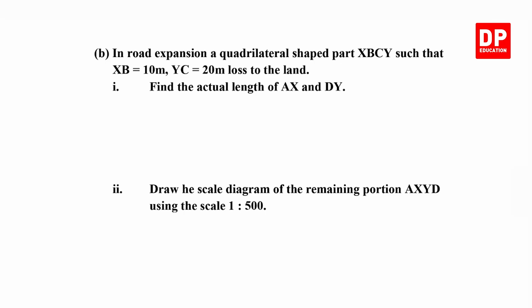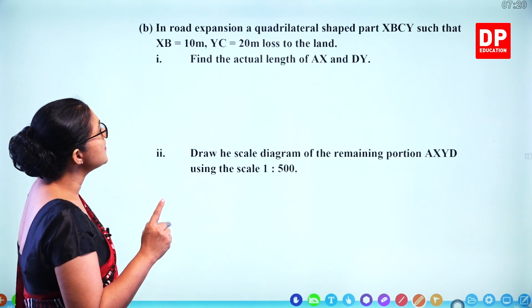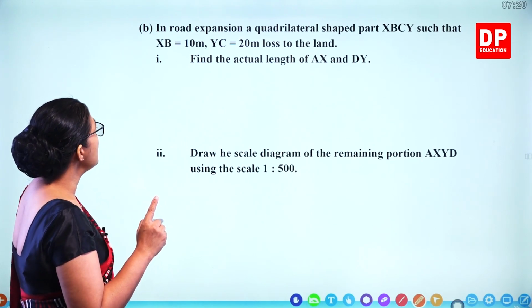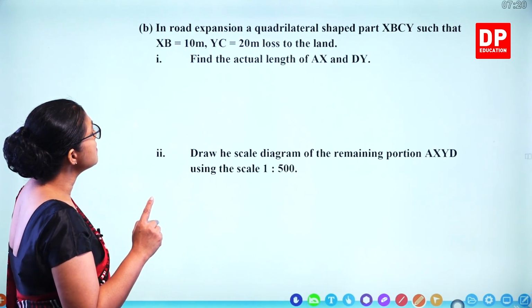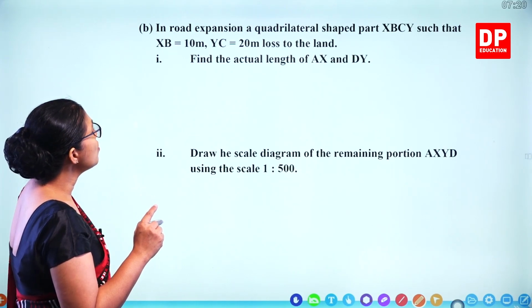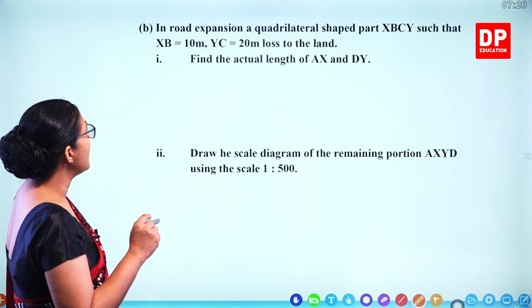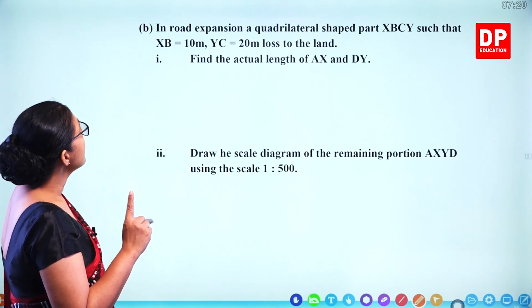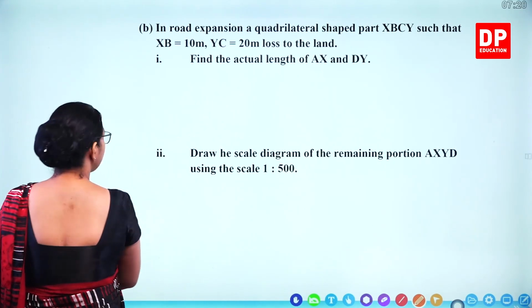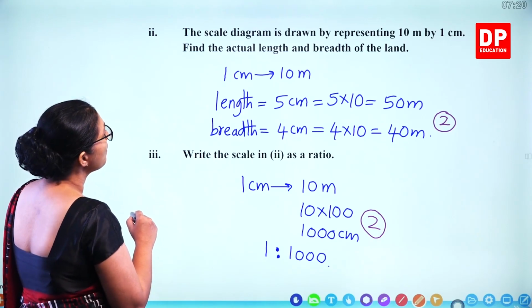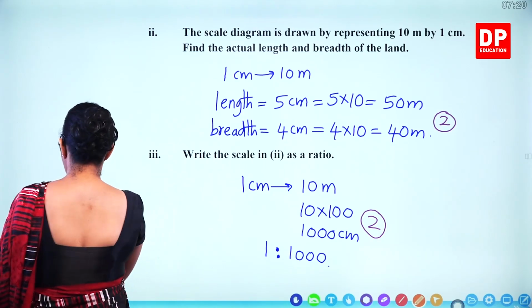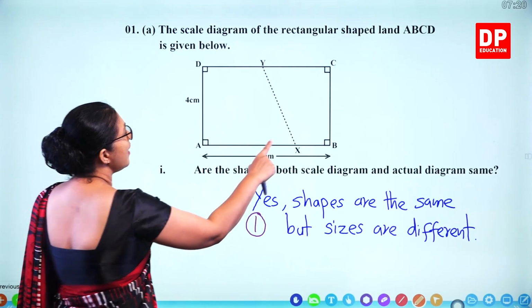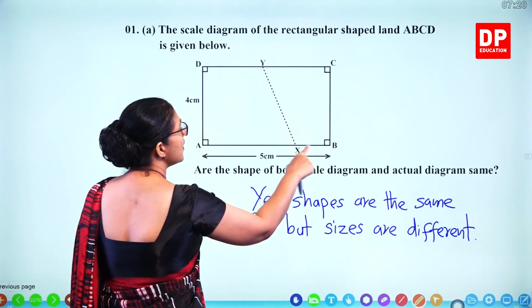Part B. In road expansion, a quadrilateral shaped part XBCY, such that XB is 10 and YC is 20 meters, is lost to the land. Find the actual length of AX and DY. So it's given XB is 10.